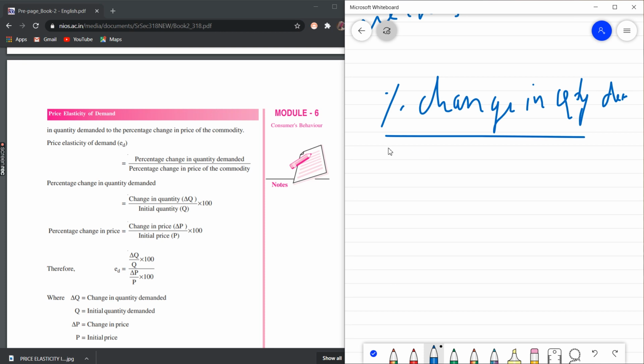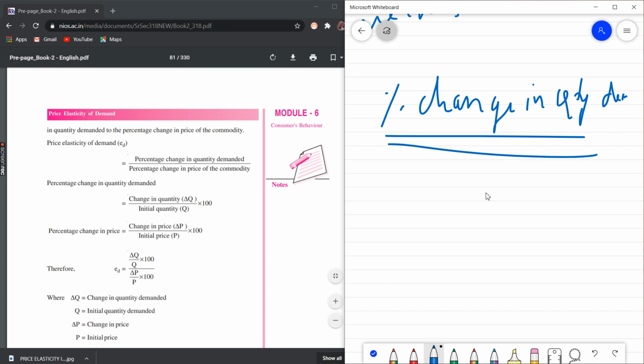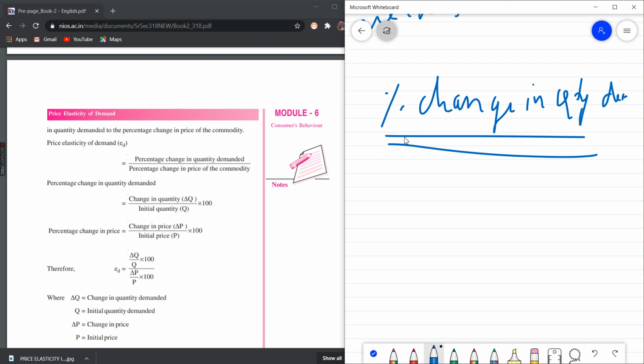Percentage should always be multiplied by 100. To determine the percentage, all we have to find is the initial quantity or the total quantity. When there is no total quantity, we take the initial quantity. And what is the change? We have to find the percentage of change.